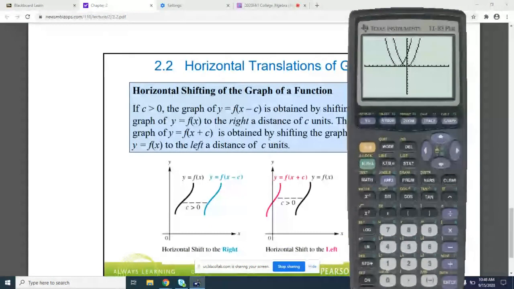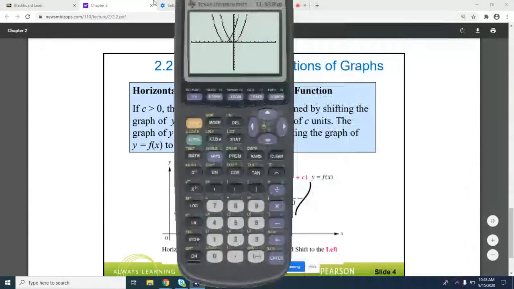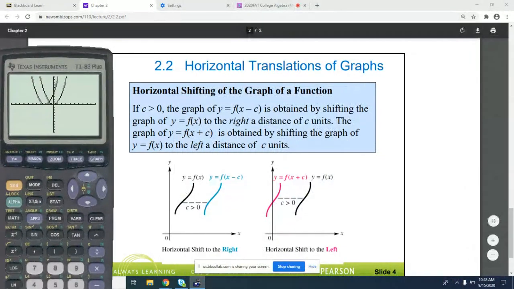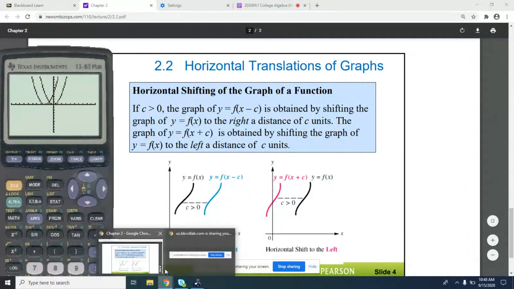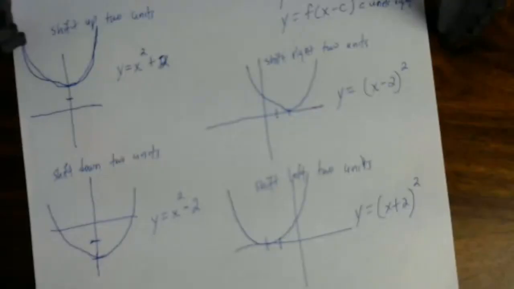Now, in the next few sections, we're going to talk about how to reflect a function across the x-axis, and across the y-axis. We're also going to talk about vertical and horizontal shrinking and stretching. So in our next section, we will build upon our model forms.